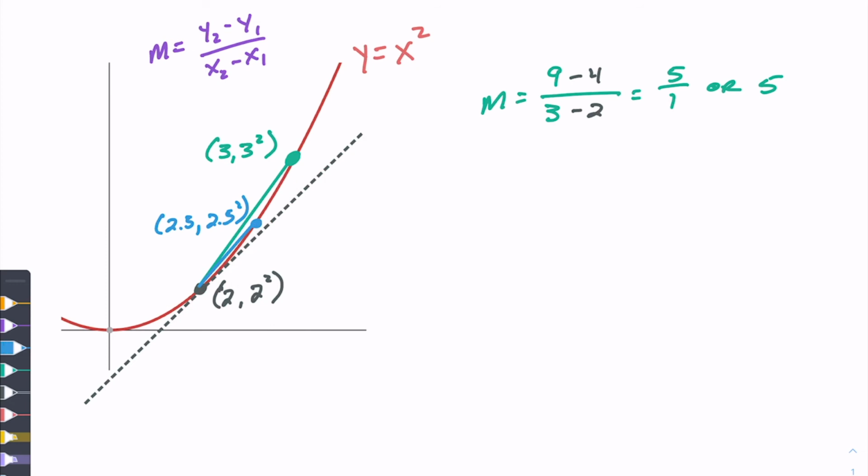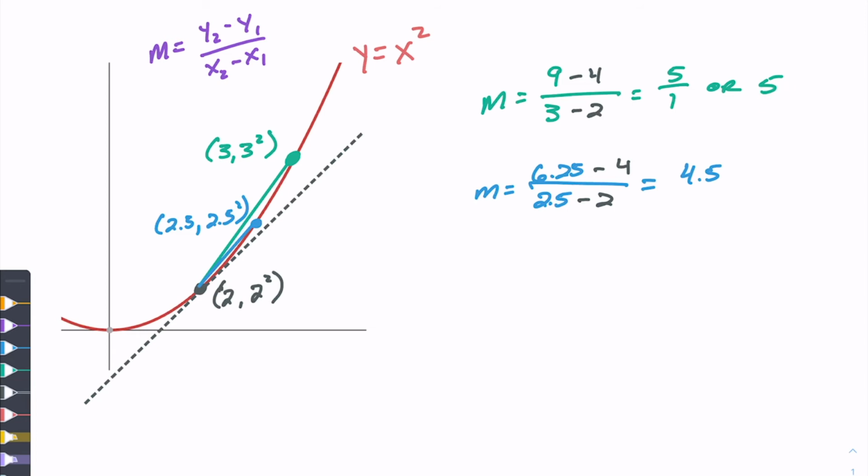So let's try again. m is equal to 2.5 squared, which is 6.25, and we're going to subtract 4, over 2.5 minus 2. So that's going to give us a value of 4.5.